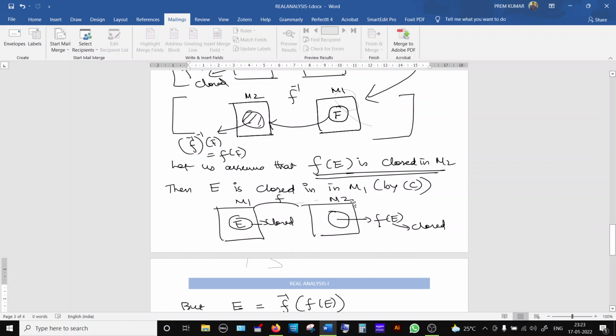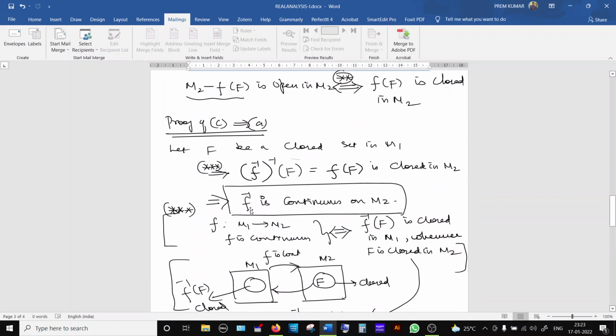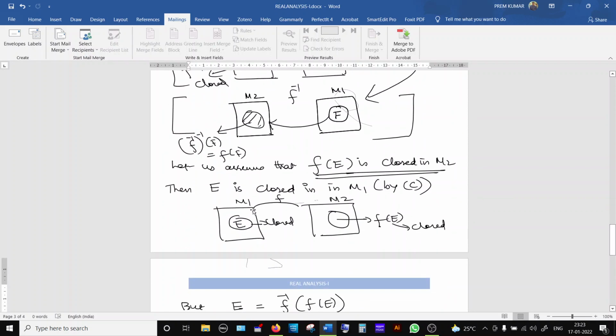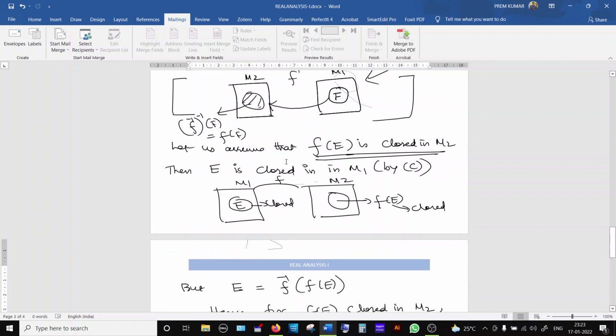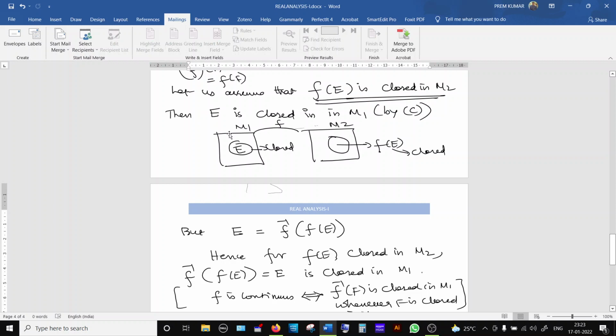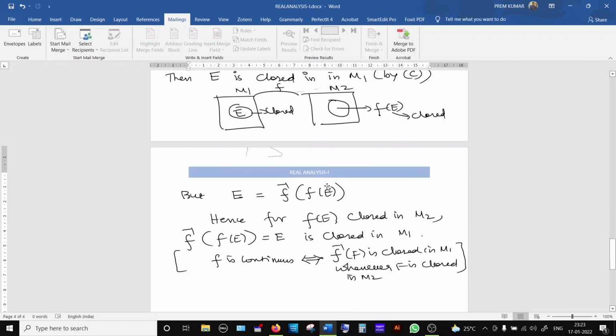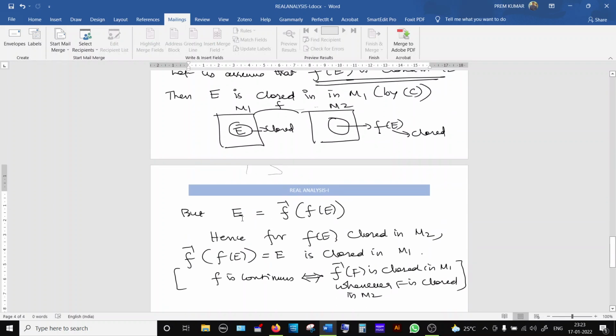But our aim here is, first, we already proved that f inverse is continuous. Now we have to prove that f is continuous. Then only A is completed. So this is the assumption of statement C. Now this set E can be written as f inverse of f of E. This is known from the properties of functions.